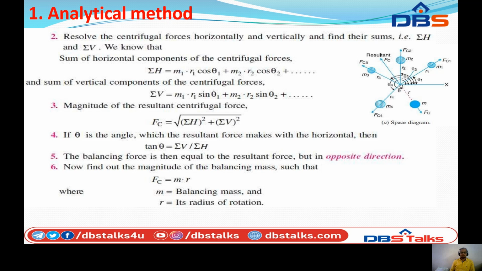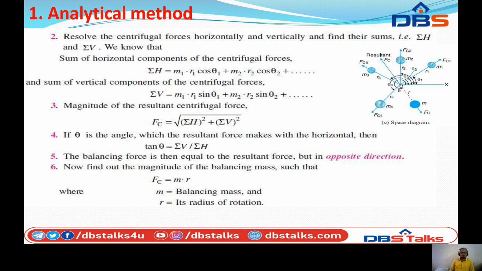The third step is calculating the magnitude of the resultant centrifugal force. The magnitude of the resultant centrifugal force is Fc, equal to the square root of sigma H squared plus sigma V squared. If theta is the angle the resultant force makes with the horizontal, then tan theta is equal to sigma V by sigma H. The balancing force is then equal to the resultant force, but we need to keep it in the opposite direction.